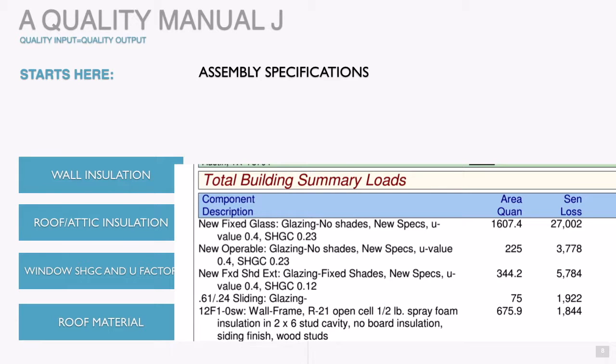So if you've got metal elements, like steel columns for structural purposes or just for aesthetics, that are running from exterior to interior without any thermal breaks, you need to make sure that gets accounted for somehow in the load calculation, because that can have very significant impacts not only on the cooling and heating loads that you'll see reflected in the load reports, but also just from a perspective of comfort.